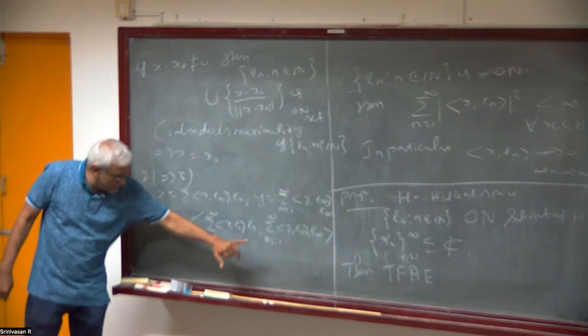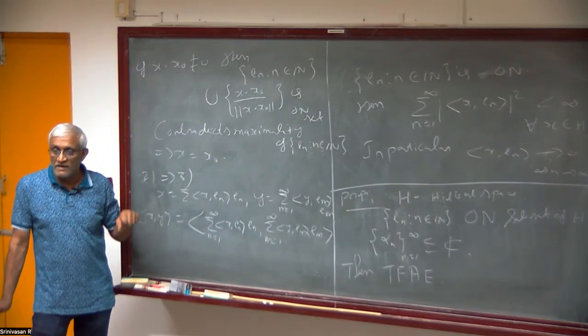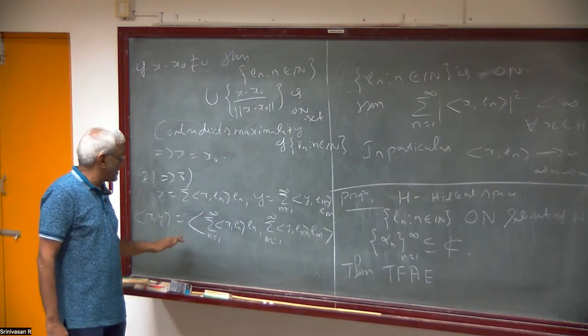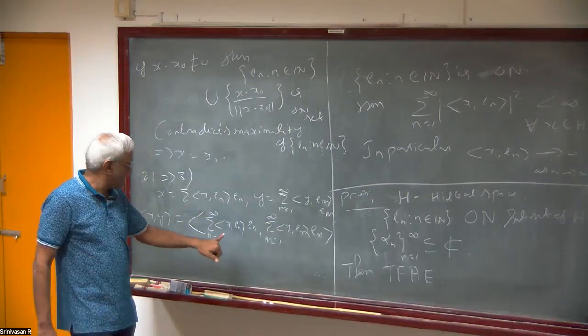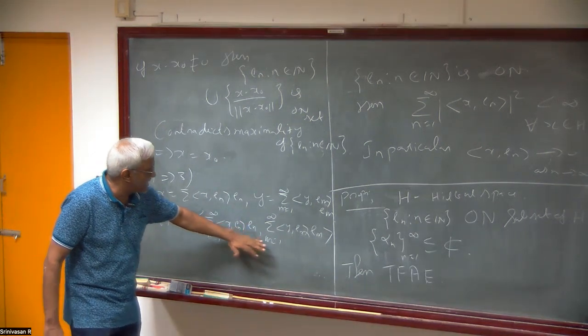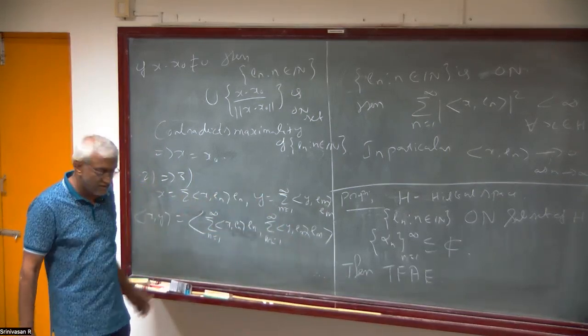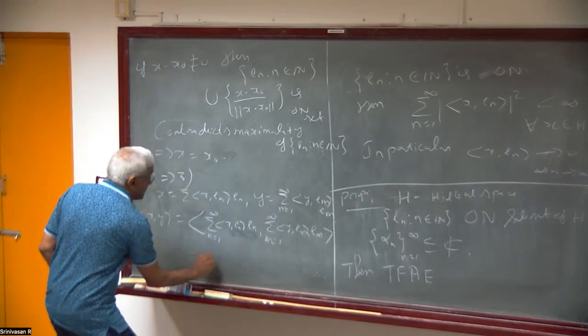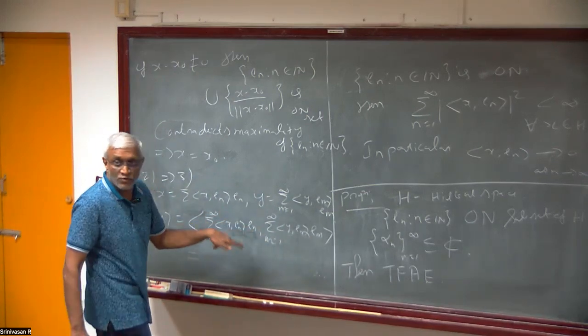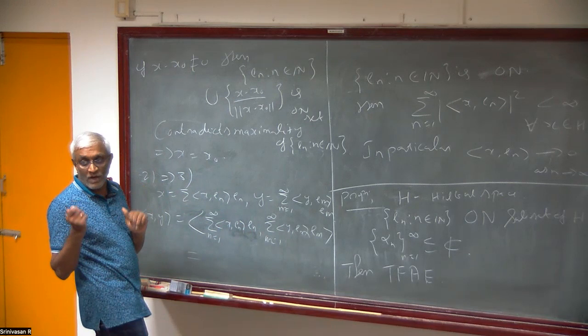Now the inner product is continuous in both the variables. You can take the sums out, everything out, and you will get only En, Em, but only when n equal to m will it survive, otherwise it is 0. And when n equal to m, the norm of En squared is 1.